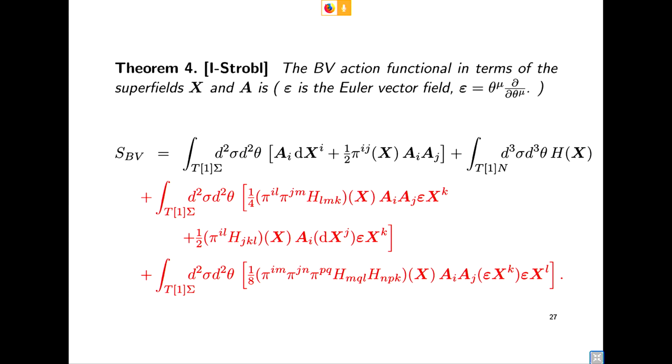But if H is exact, you can gauge it away, can't you? And you can reduce it to an ordinary Poisson sigma model for the gauged Poisson. No, H is exact due to B, the integration of a two-form on sigma. H equals dB, the integration of dB, B.